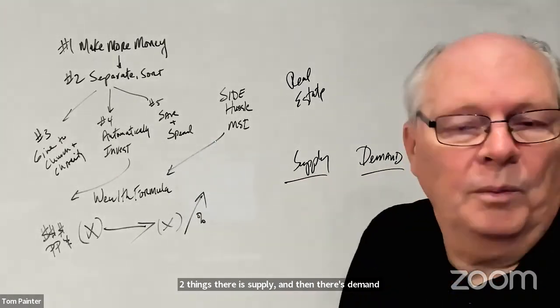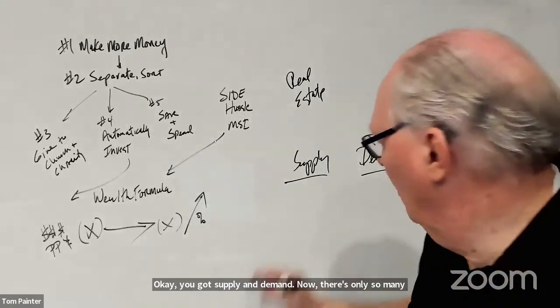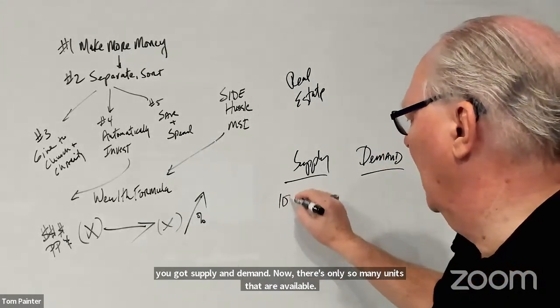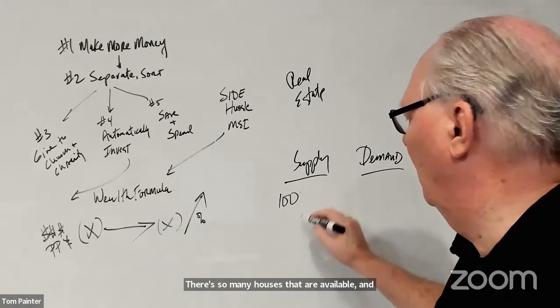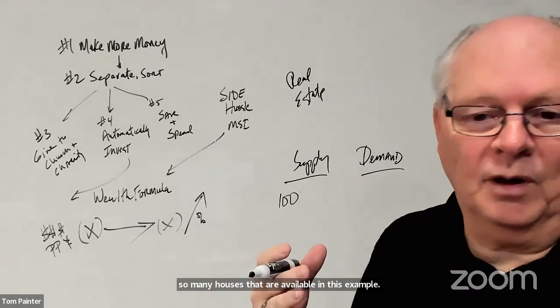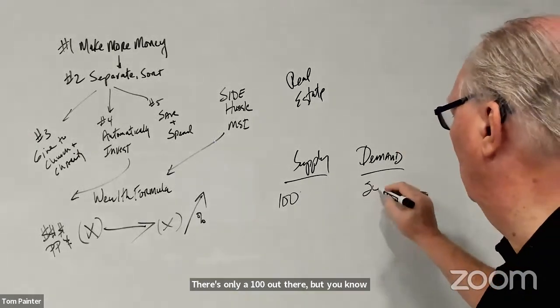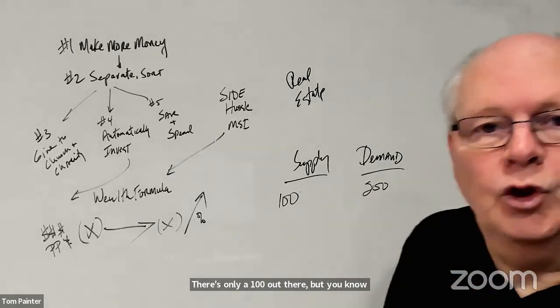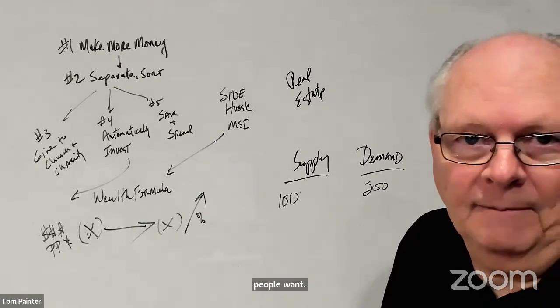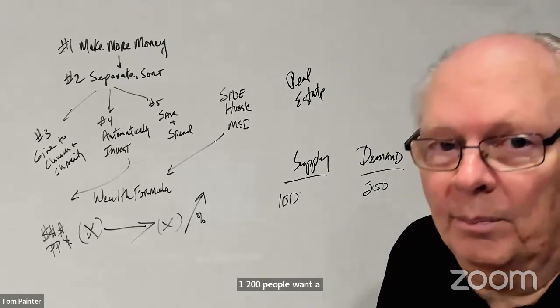Now, there's only so many units that are available. There's so many houses that are available. In this example, I'm going to say that there's 100, just so you can get the concept of it. There's only 100 out there, but 200 people want one. 200 people want a property. 200 people can afford a property.